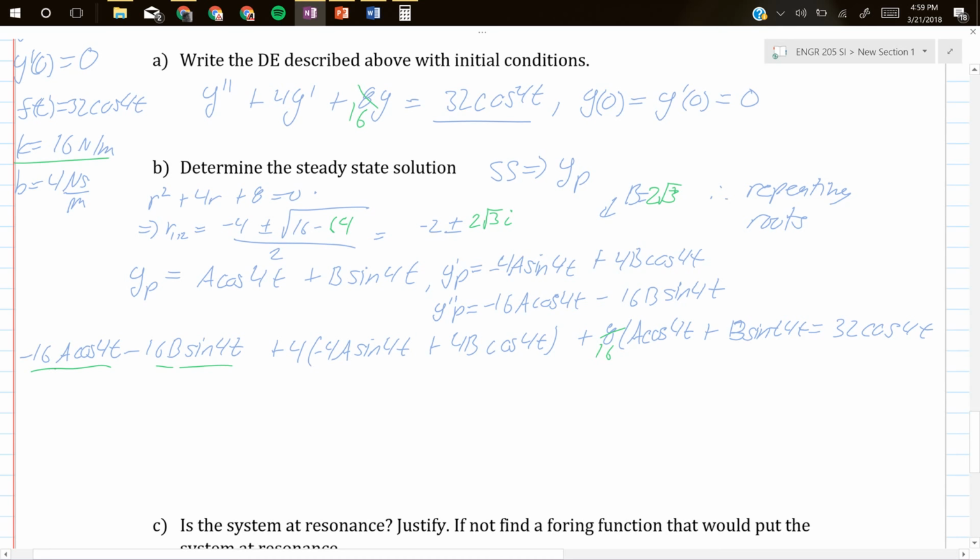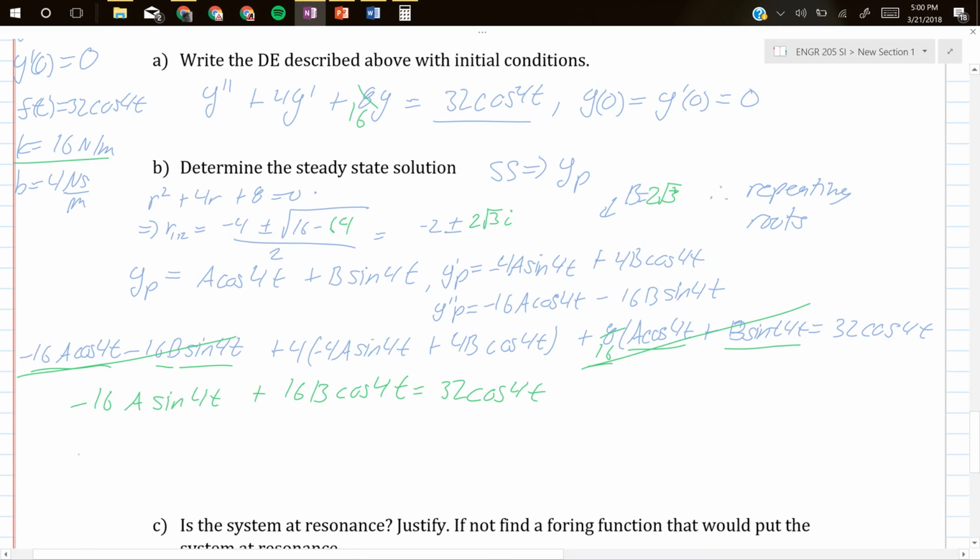So now we have negative 16a cosine 4t, negative 16b sine 4t, and the positive 16a cosine 4t and 16b sine 4t. So these terms right here cancel each other out, and we're left with negative 16a sine 4t plus 16b cosine 4t equals 32 cosine 4t.